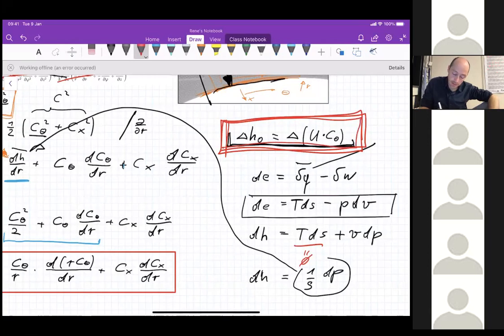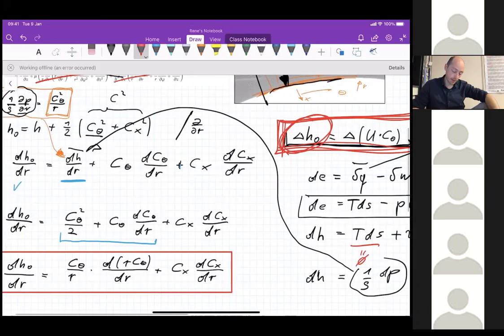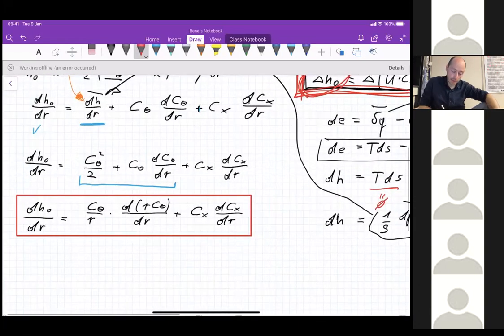If I change the enthalpy using my Euler equation, I know that U C theta has to change, which means that automatically I will also have a change in axial velocity, right?